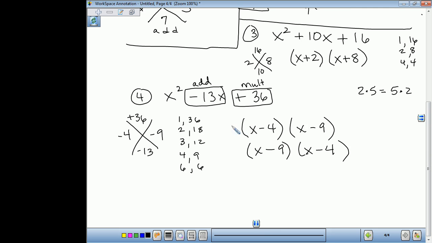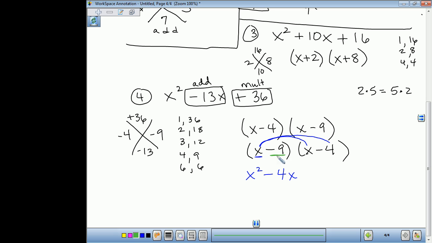Now, one way to check, either way you did it, to see if you did it right is to distribute back through. Do you guys remember doing this, where you took this term and multiplied it through? x times x is x squared. x times negative 4 is negative 4x.